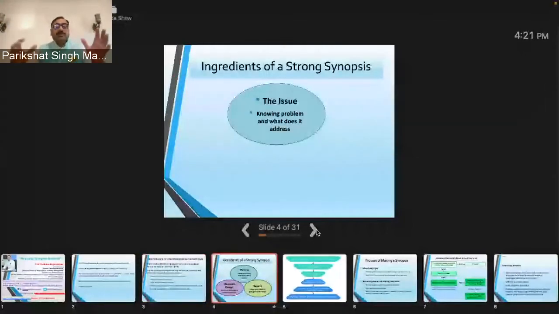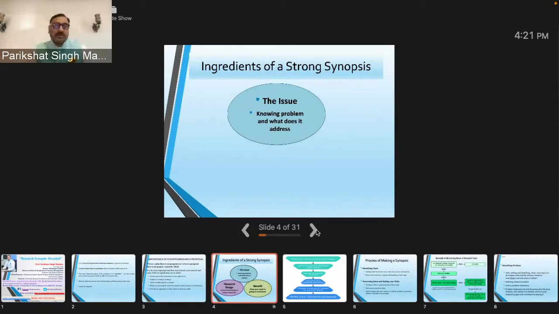So what are the ingredients of a strong synopsis? There are primarily, I think, three important aspects. The first one is the issue: knowing the problem and what it addresses. We must have heard and seen, and experienced in our families or extended families, that someone went to a doctor and the doctor treated them for a wrong disease or a wrong problem.